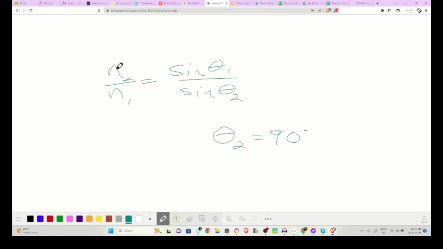So that makes material 2 our water, material 1 air. So then the sine of our critical angle is 1.33 divided by 1. Sine theta 2 is 1. So theta 1 is the inverse sine. Oh, sorry, 2 is air. This has to be 1 over 1.33, or we're not going to get the inverse sine.